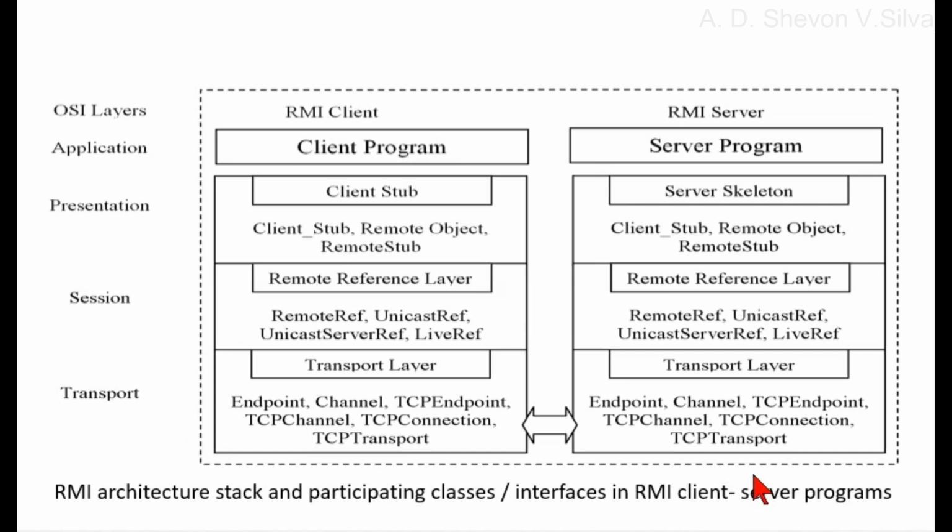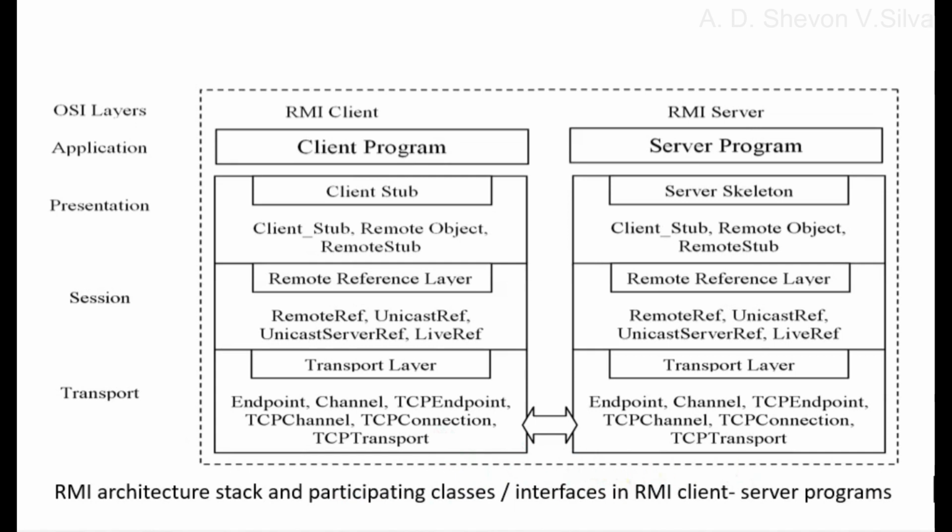The first version of JRMP, which was released in JDK 1.1, requires the use of skeleton classes on the server side, whereas the second version released with JDK 2 has been optimized for performance and does not require skeleton classes. This layer is responsible for setting up connection to the remote address space, managing and monitoring the connection aliveness, listening for incoming calls, and multiplexing multiple virtual connections within a single TCP connection.